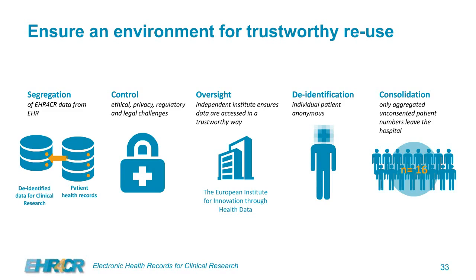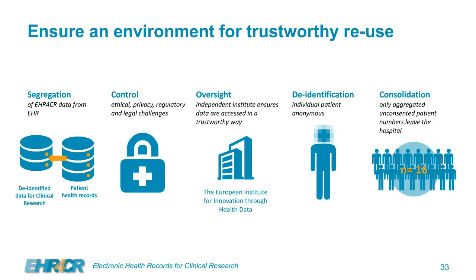We're not working directly on electronic patient records. We're working on a de-identified extraction from those records. We're also providing control to the hospitals and ensuring that we cover all ethical, privacy, regulatory and legal issues, and that none of those will be a future challenge to the success of the project.